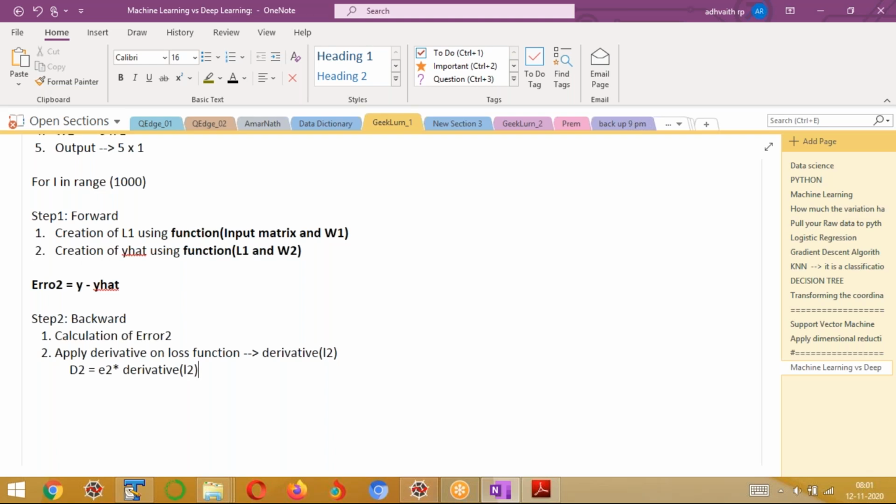That means the derivative function what you applied on your loss function.